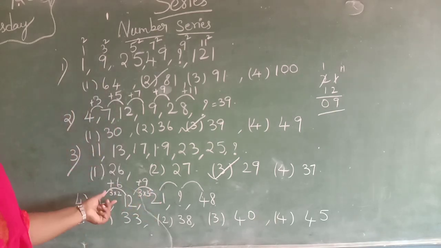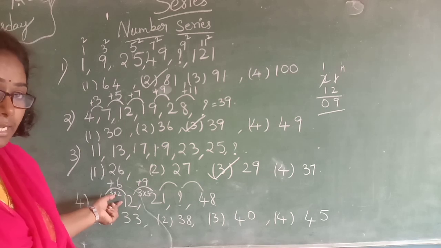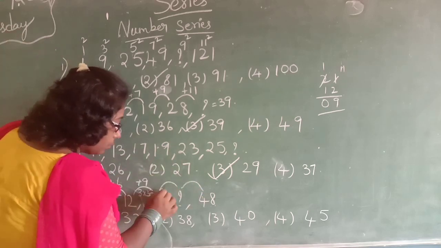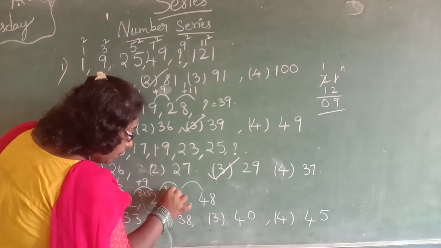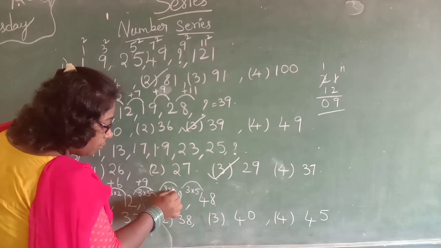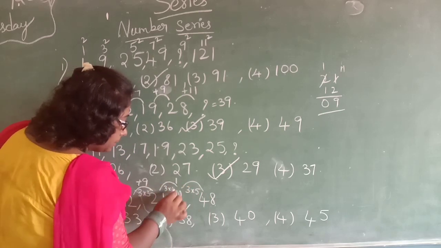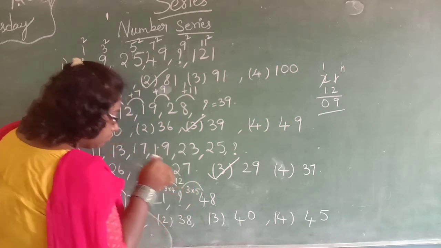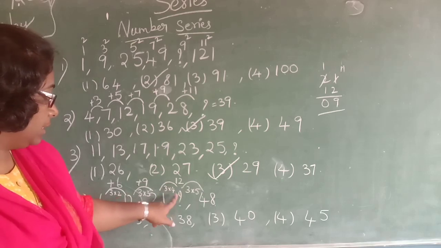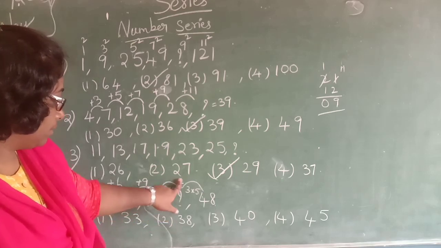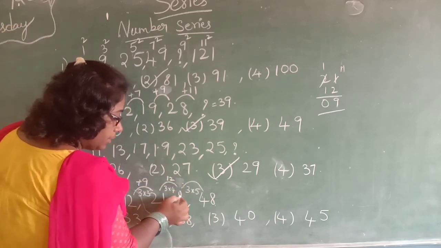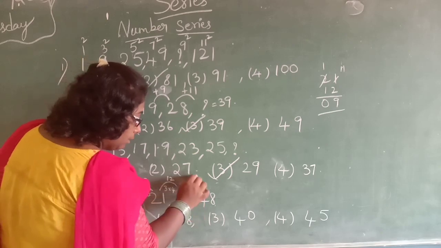That means there is a multiple of 3 going with the next adding number. Next will be 3 into 4 and here also it should be 3 into 5. So 3 into 4 is nothing but 12, right? So the difference between these two should be 12 and the difference between these two should be 15.